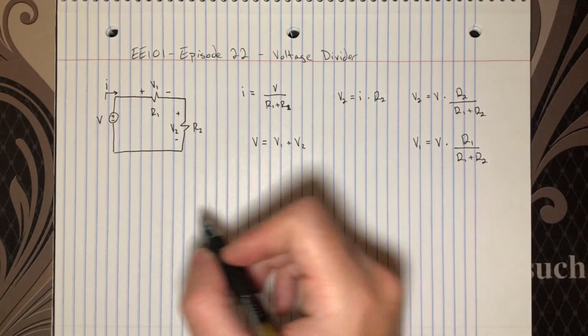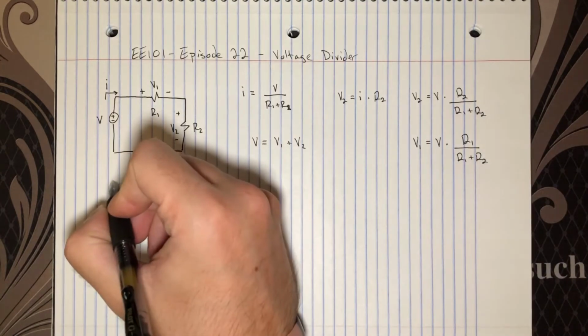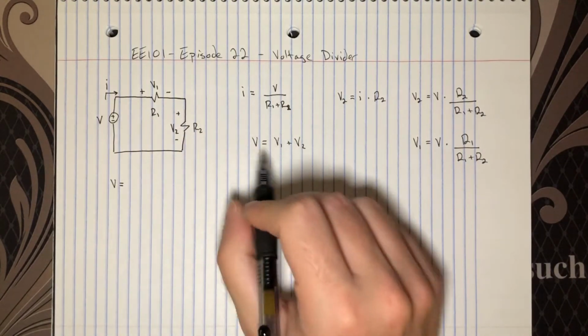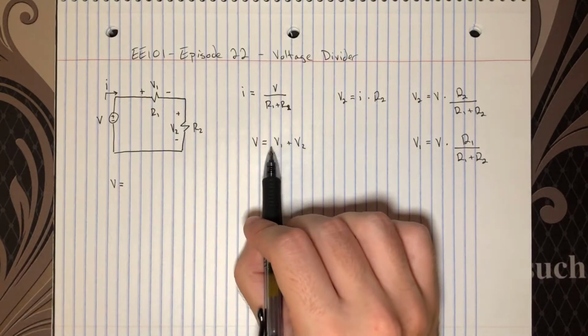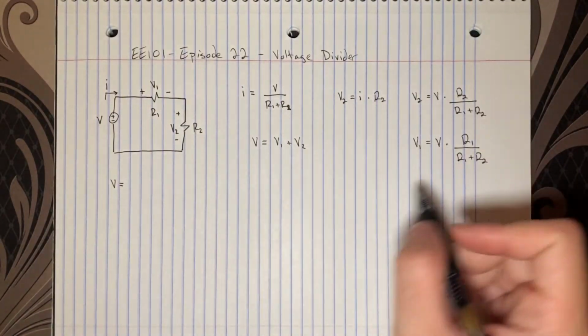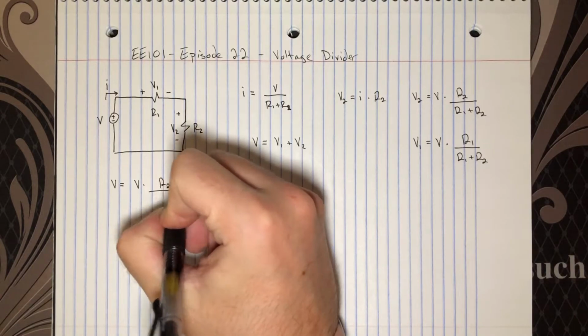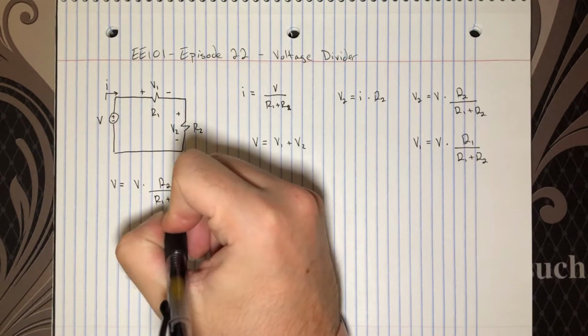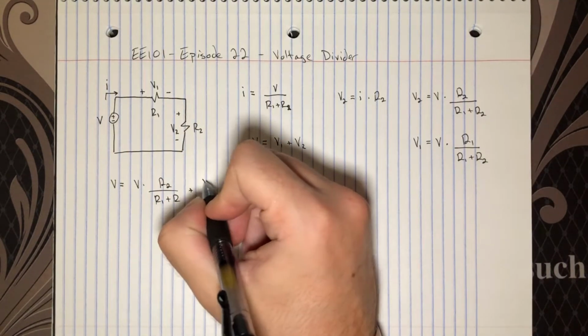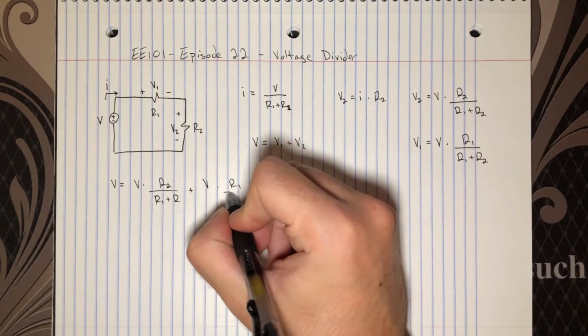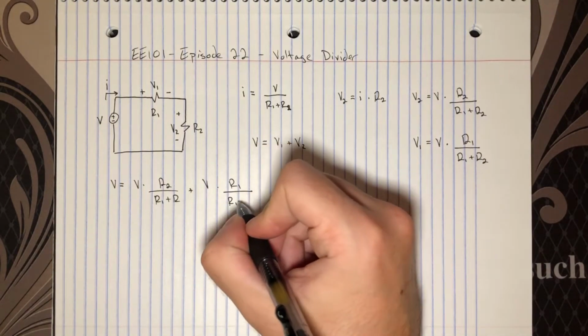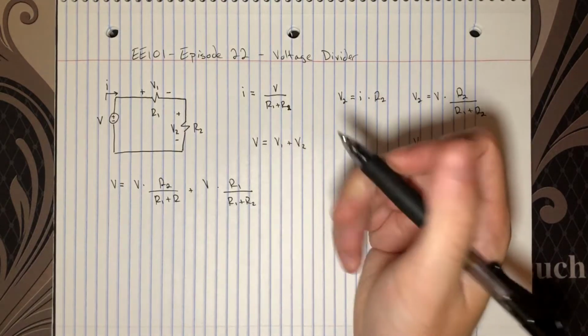And we can prove this to ourselves. If we write this solution out, and populate our equivalent expressions for V1 and V2 into this KVL, we arrive at V times R2 over R1 plus R2 plus V times R1 over R1 plus R2.